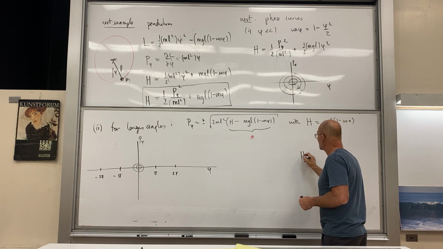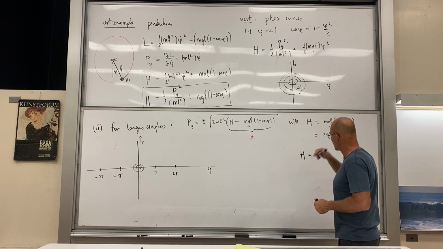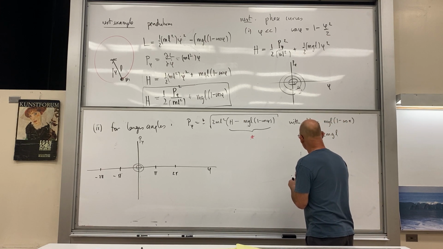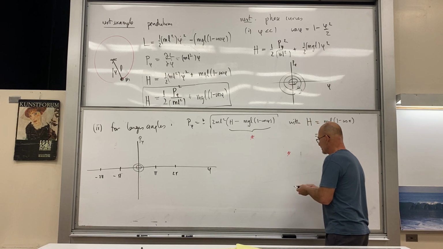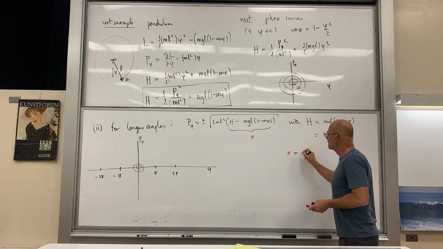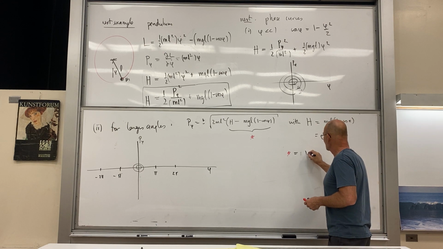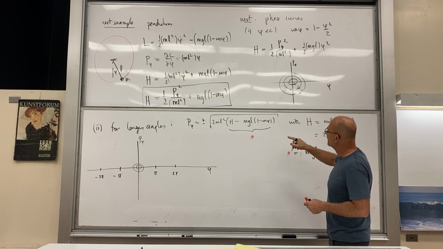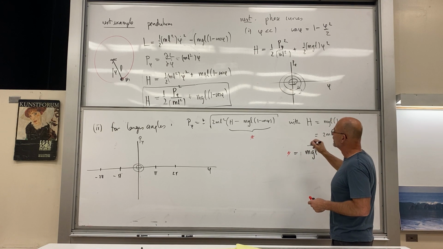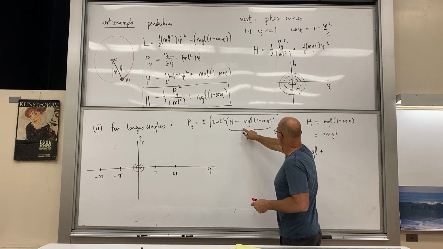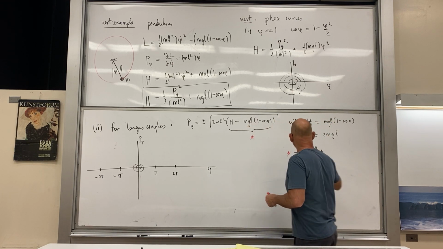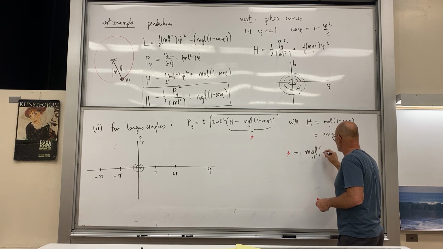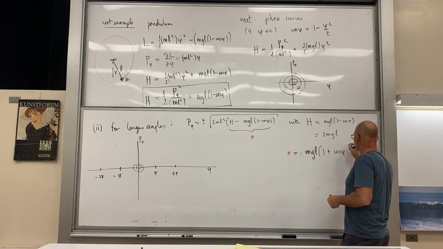So not H, this expression star is going to be equal to mgl times, we have 2 mgl minus mgl plus, times 1 plus cosine of phi.